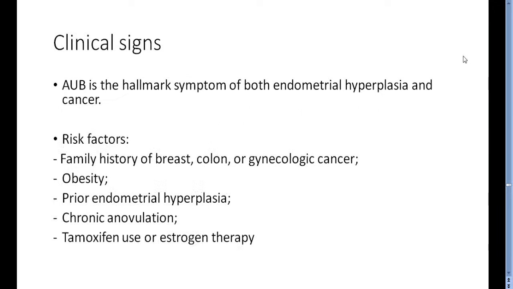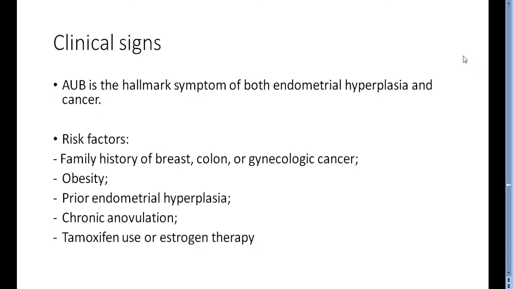The clinical sign of endometrial hyperplasia, atypical endometrial hyperplasia, and even endometrial cancer is abnormal uterine bleeding. Risk factors for this premalignant disease: family history of breast cancer, family history of colon cancer, and also of gynecological cancer like ovarian cancer. Don't forget that obese patients are in a risk group.